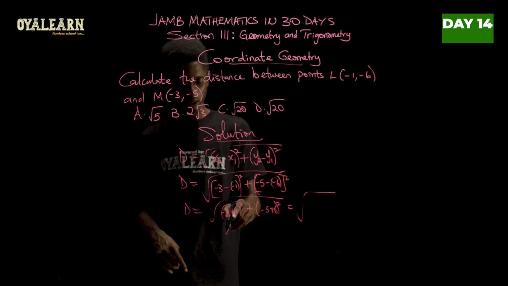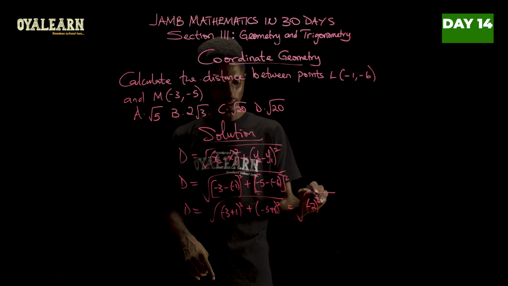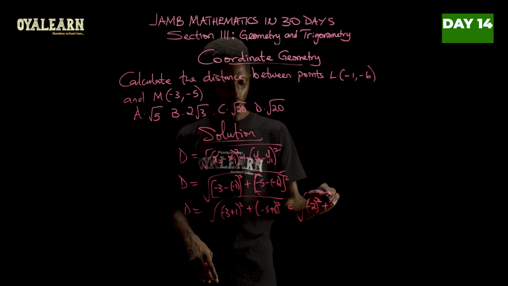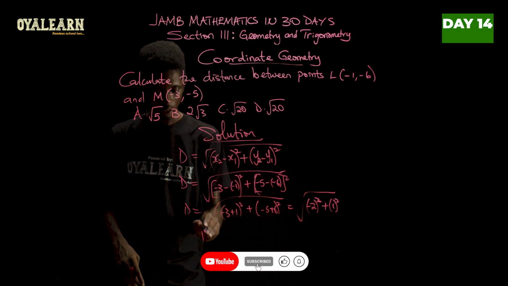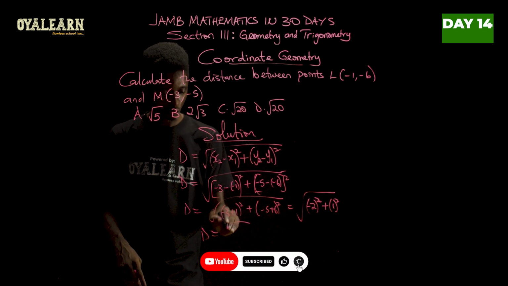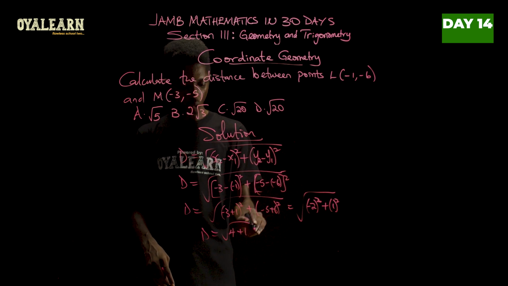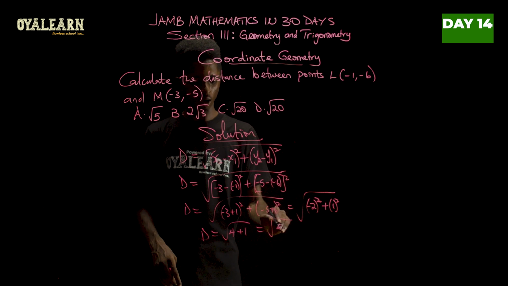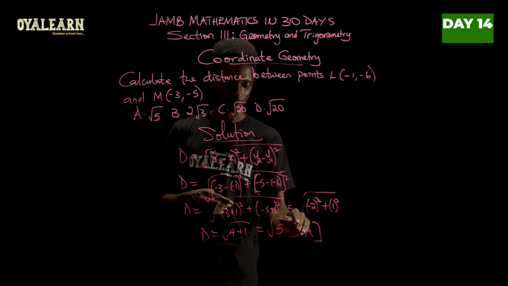Now this would give us minus 2 in bracket squared plus 1 squared. D therefore becomes the square root of 4 plus 1, that is square root of 5, and that is in option A.